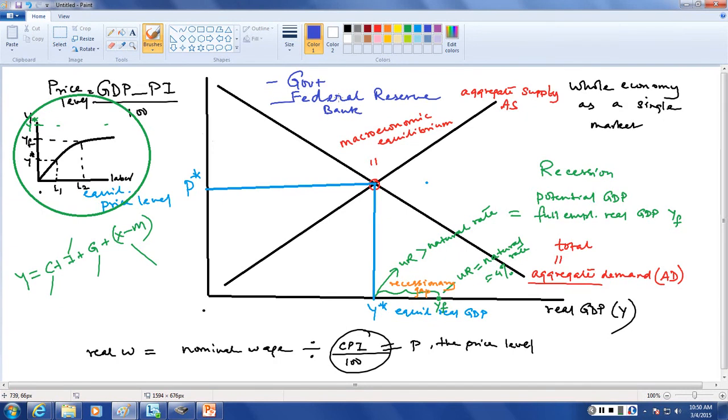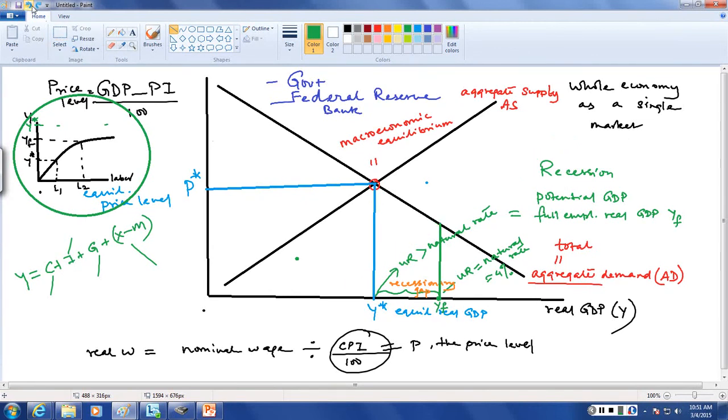Well, if this aggregate demand curve were shifted to the right, and let me show you where. Shifted to the right like this. I'm sorry, I've shifted the wrong curve. I've shifted the supply curve. I apologize.